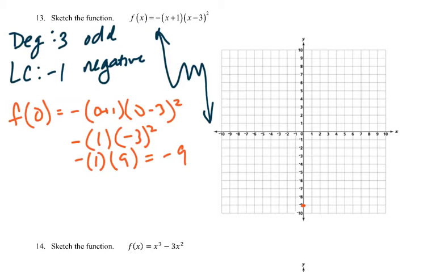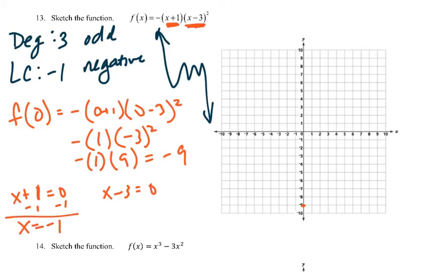We're going to find our zeros by setting each of our factors equal to 0. So x minus 1 equals 0. x plus 1 equals 0. x minus 3 equals 0. I take the factor exactly as it is. I'm going to solve each equation for x to find those x values. x equals 1, x equals negative 1, x equals 3.